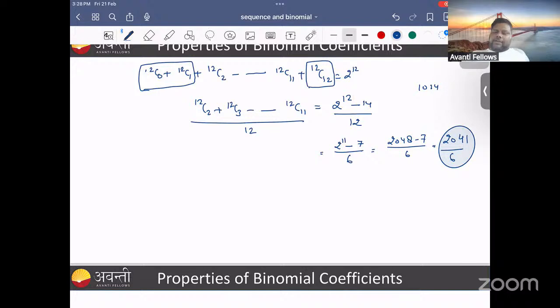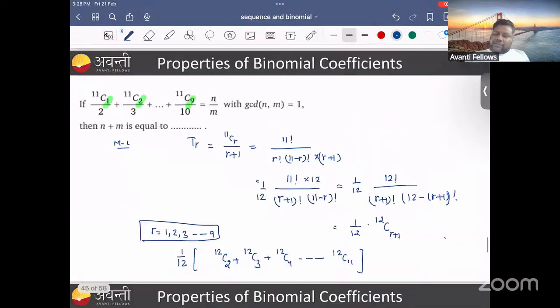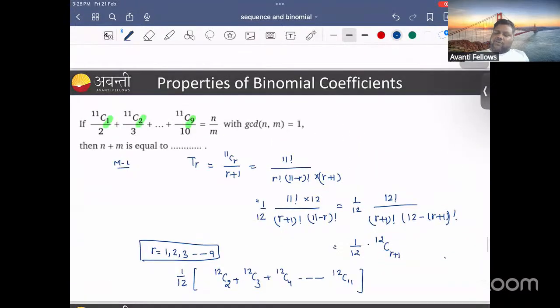All right, so what is the expansion? 1 plus x raised to the power 11 I will be writing. That is 11C0 plus 11C1 x plus 11C2 x square plus 11C3 x cube and so on up to 11C11 x to the power 11. Got it? They're asking you from 11C1 to 11C9.